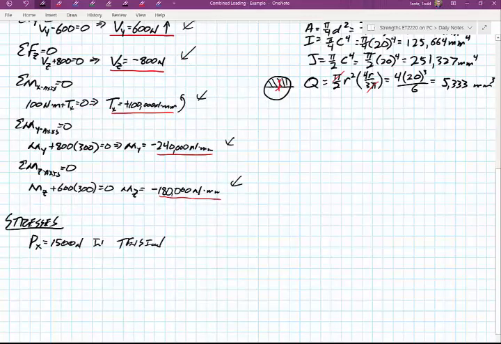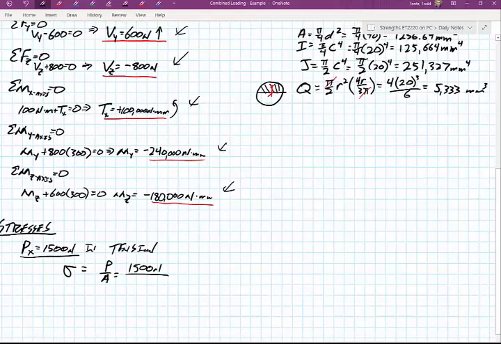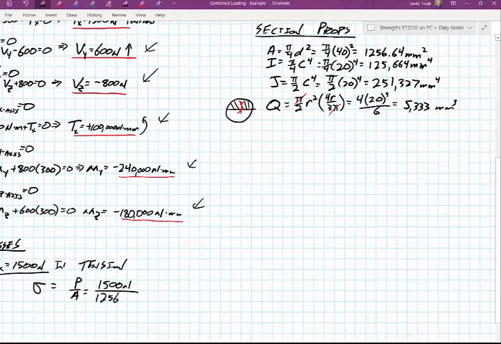If I have an axial force of 1500 newtons, then I know my equation, sigma is equal to P over A. So I have 1500 newtons over the cross-sectional area, which was what, 1256.64, and that gives me a stress of 1.194 megapascals. It is positive because it is in tension.